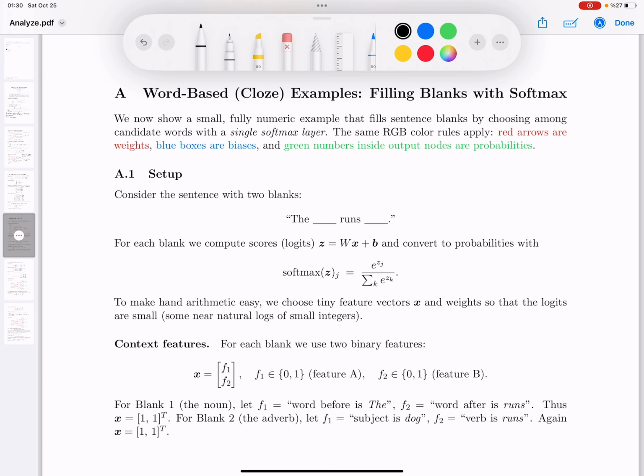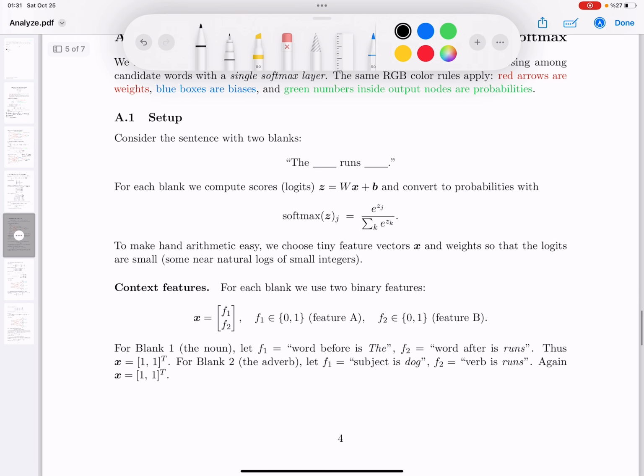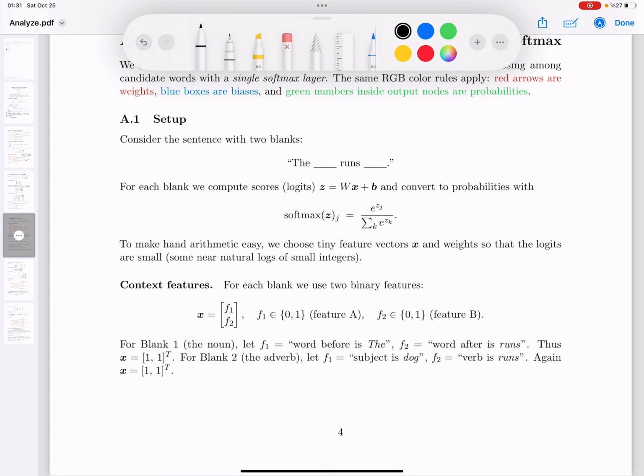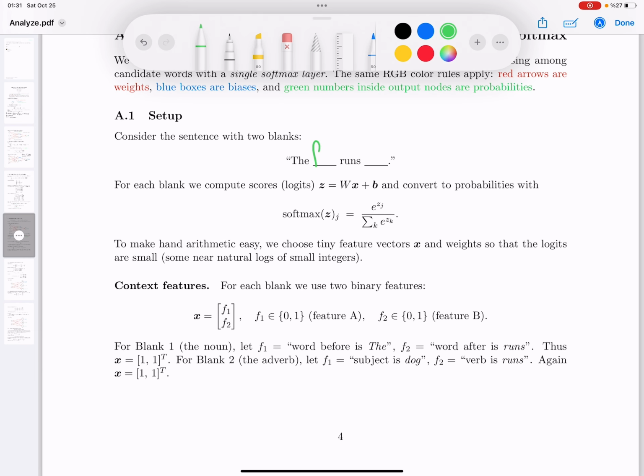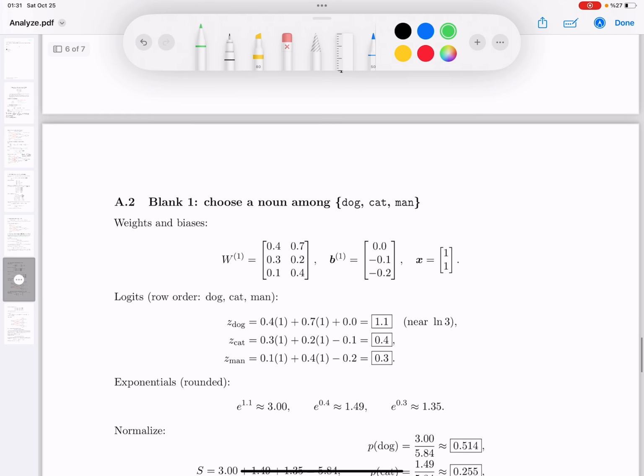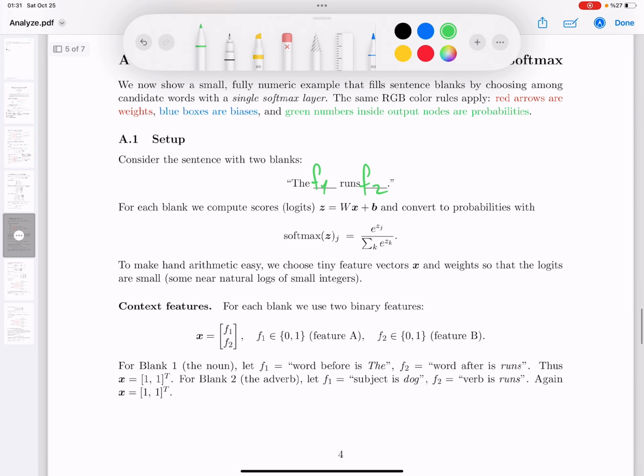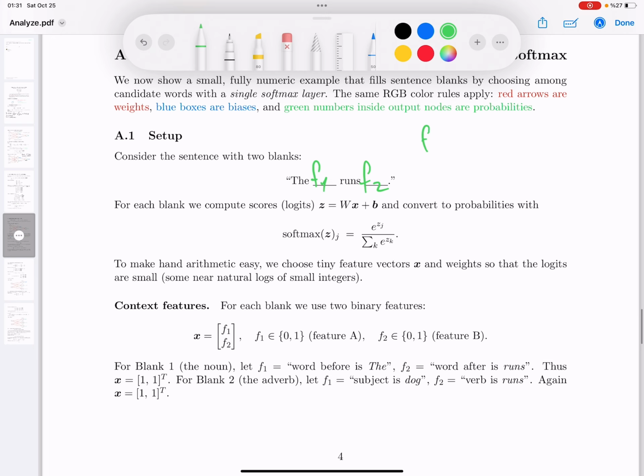Now we have F1, the word before the blank, and F2. F1 can take cat, dog, fox.